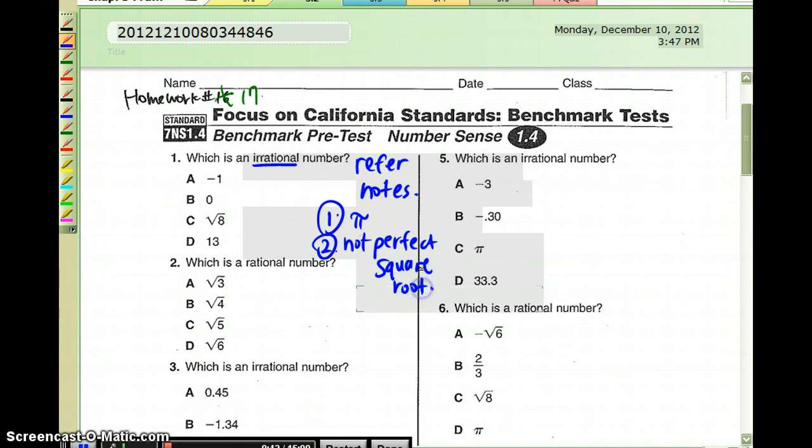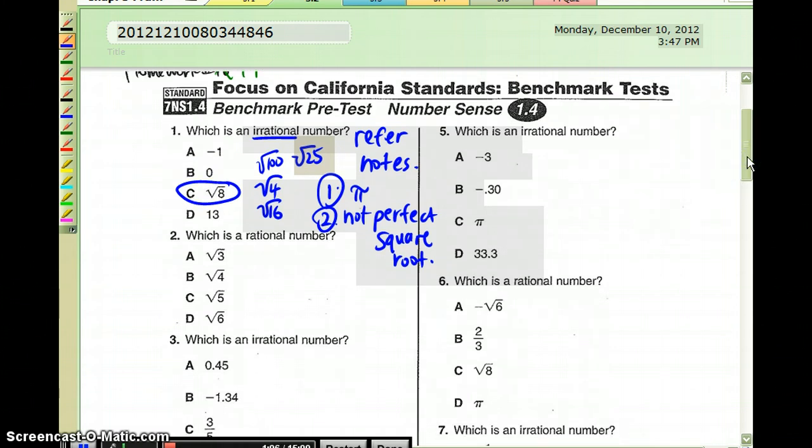If I look here, I do already see a square root, and the square root of 8 is not perfect, meaning it's not like the square root of 4, the square root of 16, or the square root of 100. All of those, the square root of 25 too, are perfect. They turn out to be a whole number answer, which is rational. So C would be my answer for number 1.